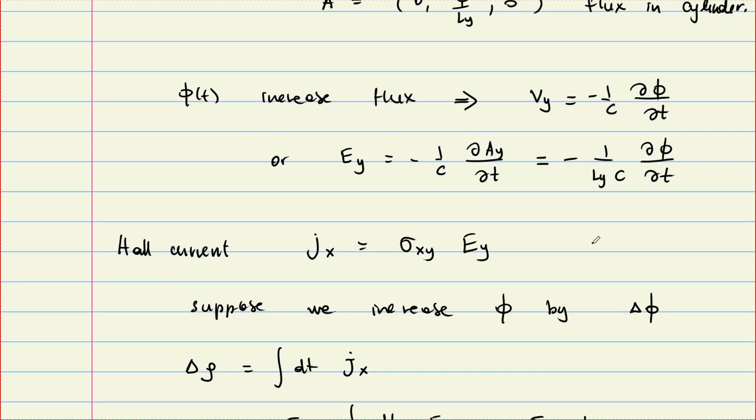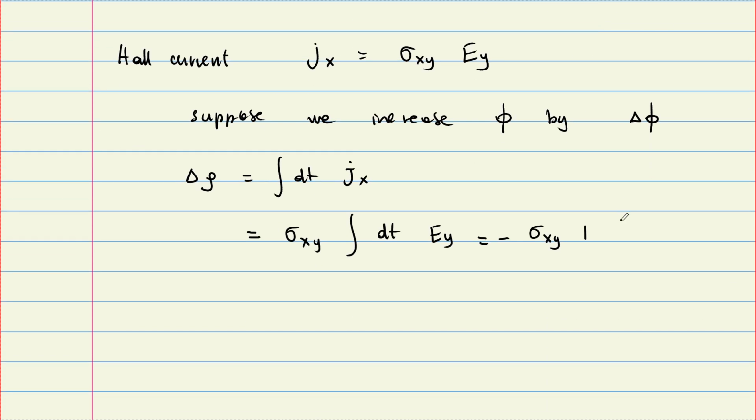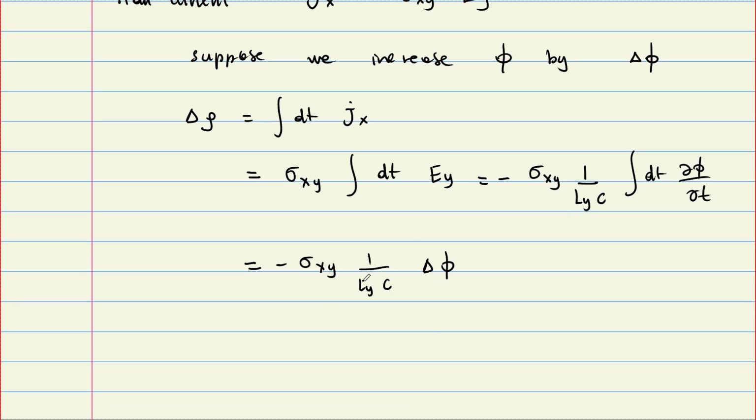Now I am plugging in what I just had for Ey, 1 over Ly c dt del phi del t, and this is going to be equal to minus sigma xy 1 over Ly times c times delta phi. So this Ly I can absorb.